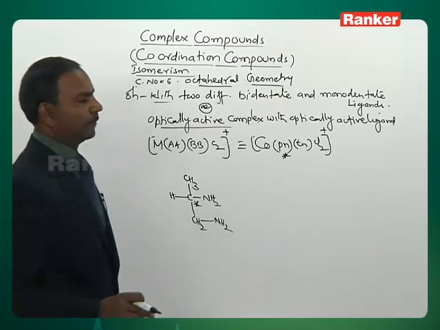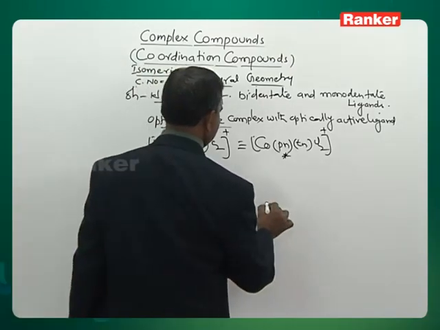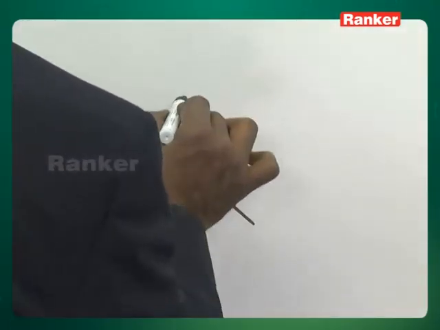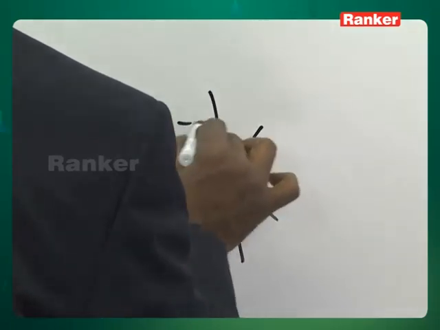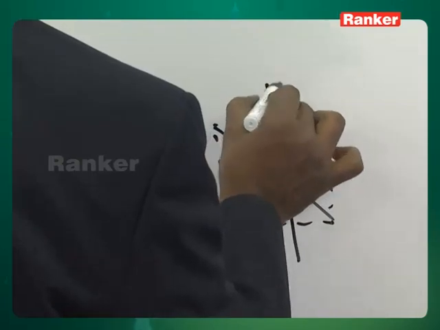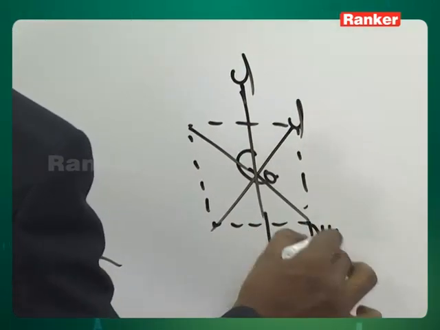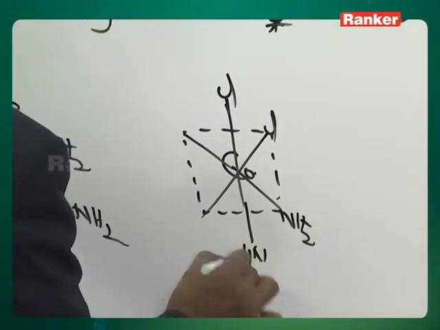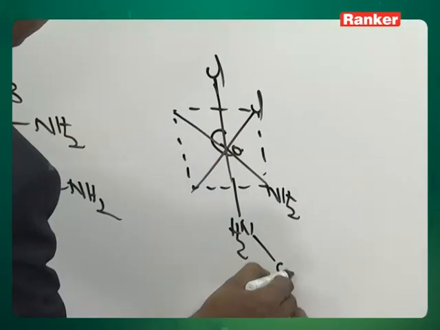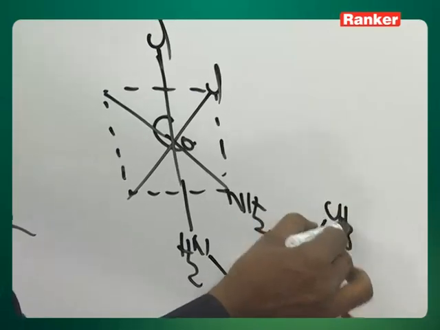For this, we write again optical isomers. Take the cis. Let us write one is pn and tn, CH2, CH3.